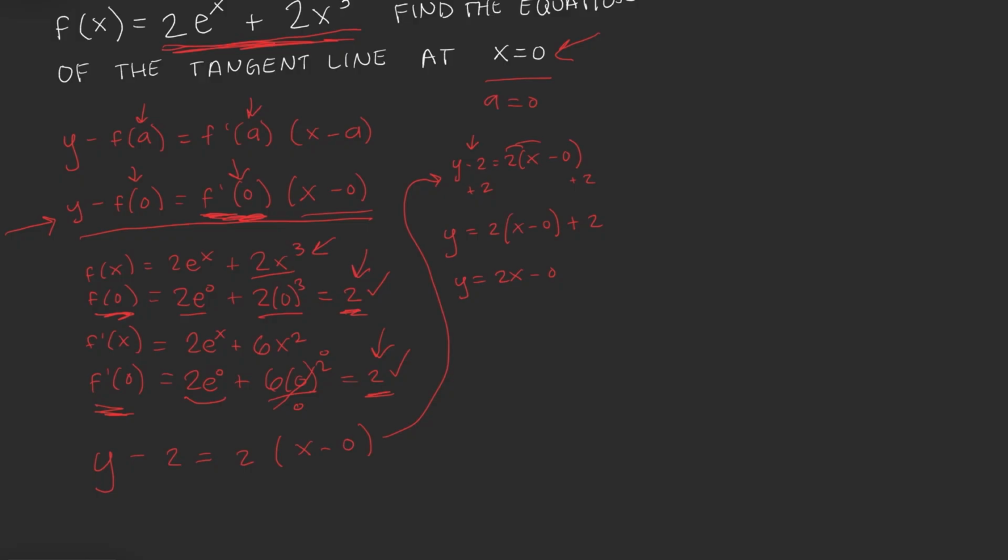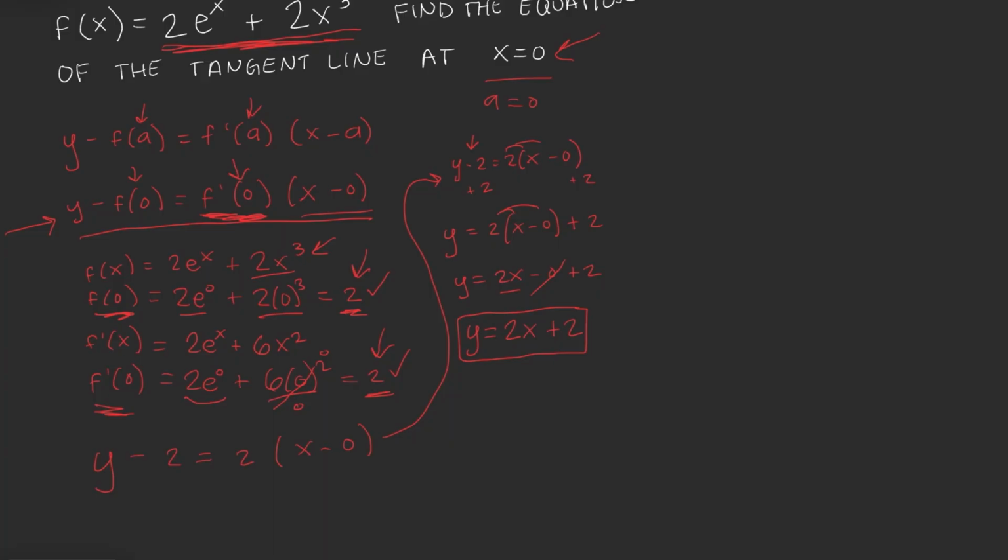Sorry, earlier I was thinking it would be 2, but that was wrong, sorry. Okay, so we're just going to distribute that 2, which would give us 2x minus 0 plus the 2. So then let's just get rid of the 0 and simplify it a bit more. y equals 2x plus 2.